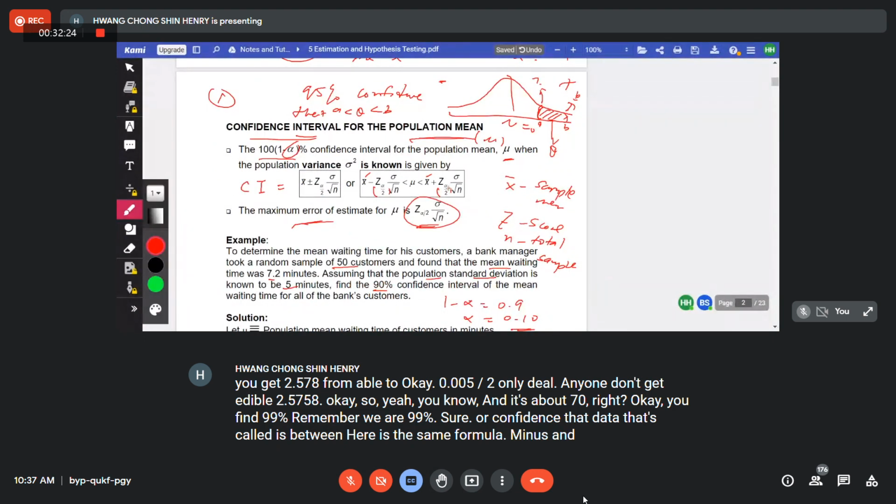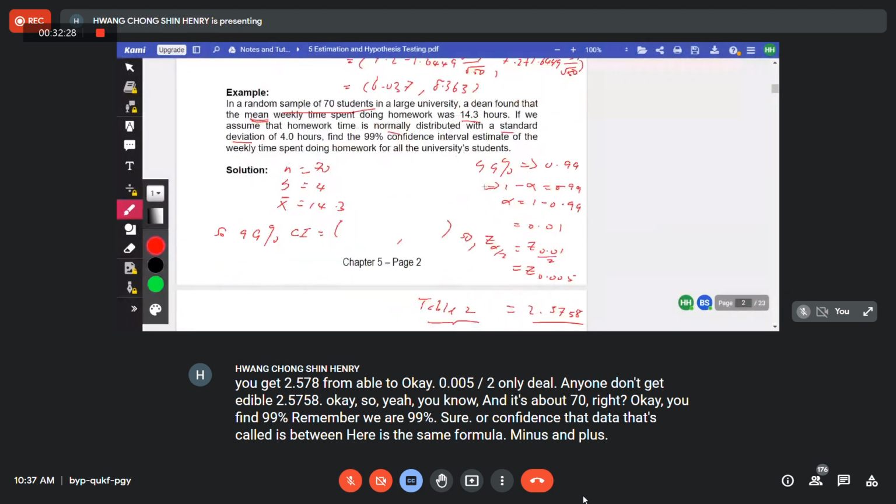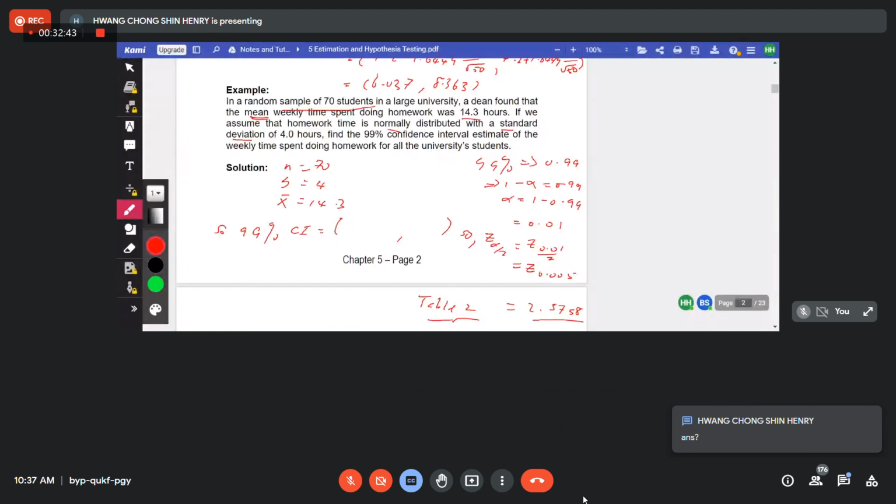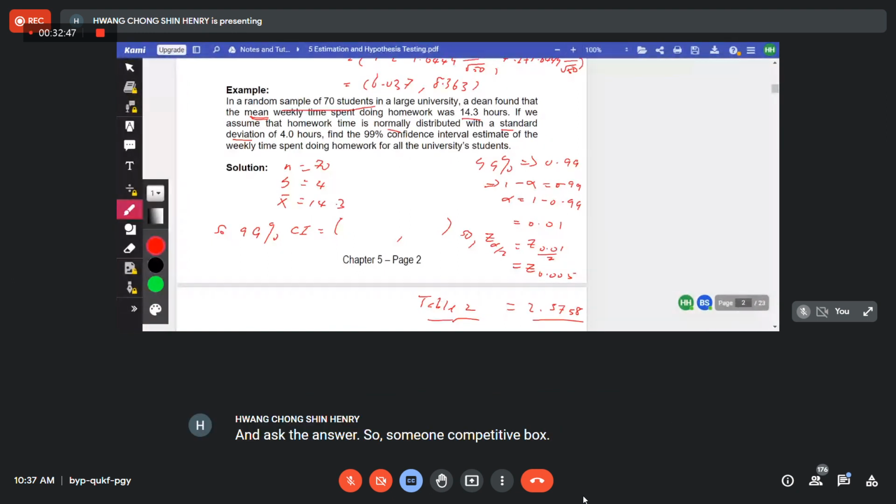Minus and plus. Just give me the answer. Someone type in the chat box. I ask the answer so someone can type in the chat box if you have confidence in your answer.